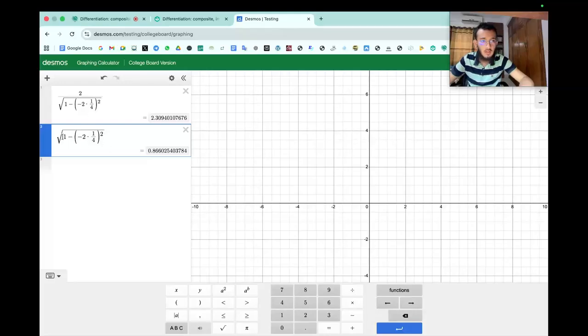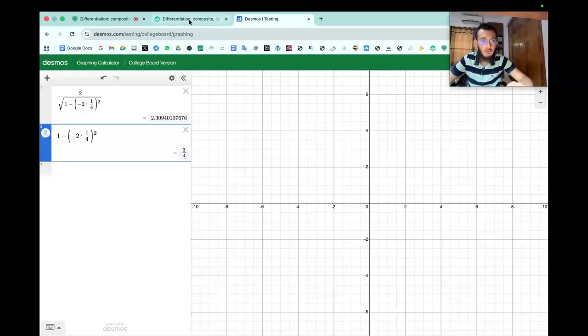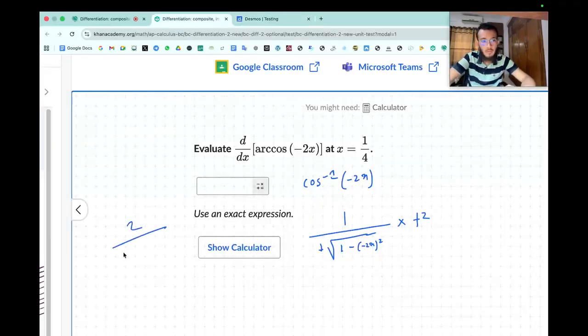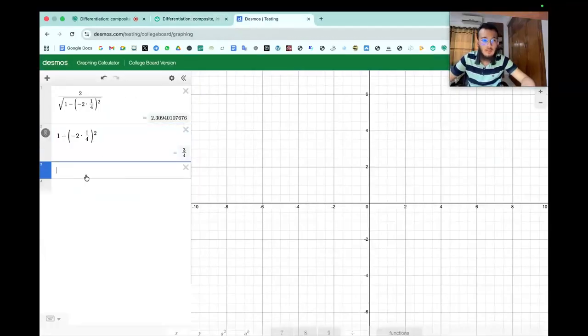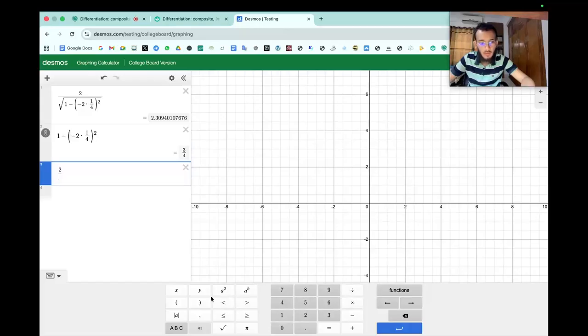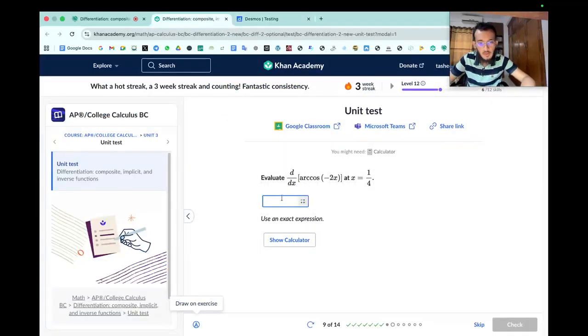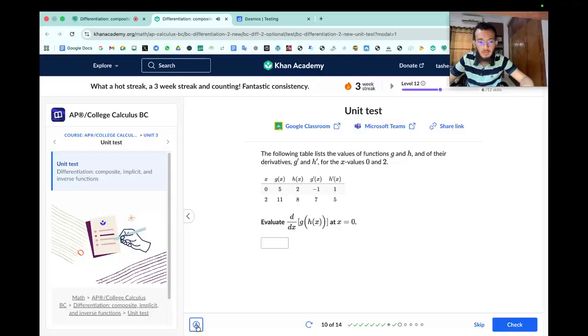So let's calculate the thing without the root. It is 3 by 4, so it's 2 upon root 3 by 4. So this is the exact fraction, 2 divided by root 3 by 4, as you can see. So we can insert this to be our answer. There we go.